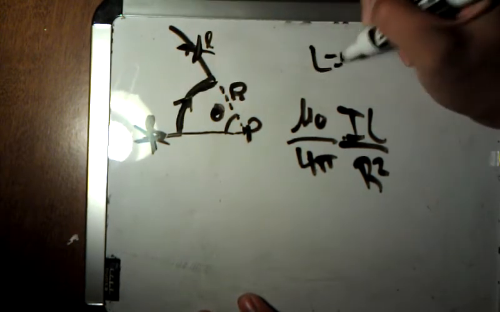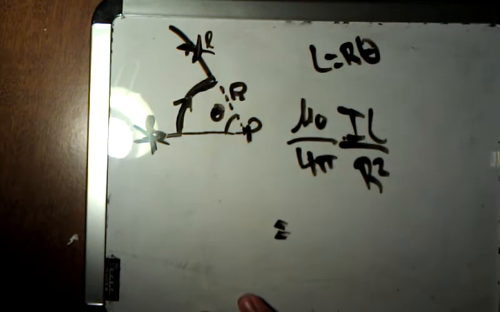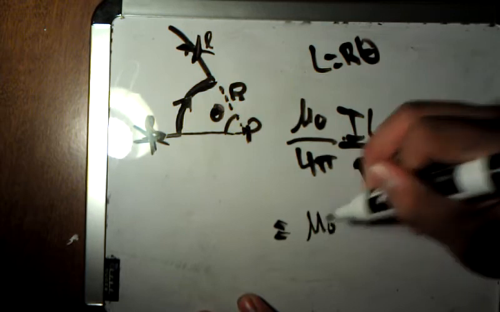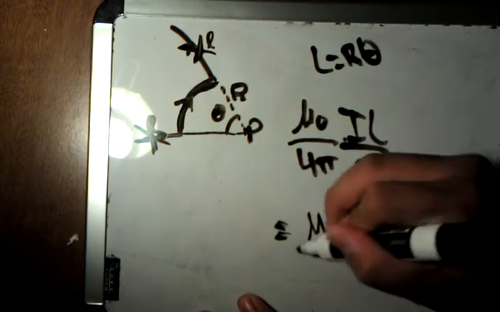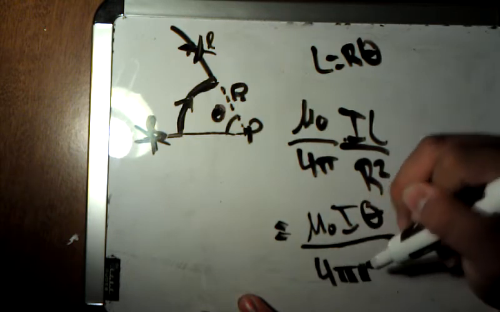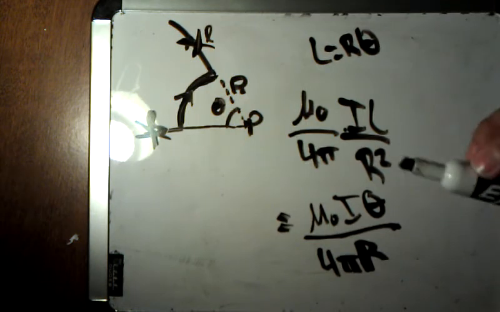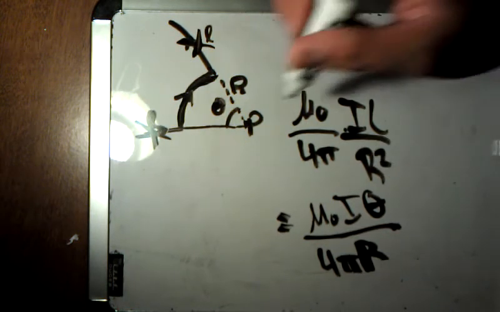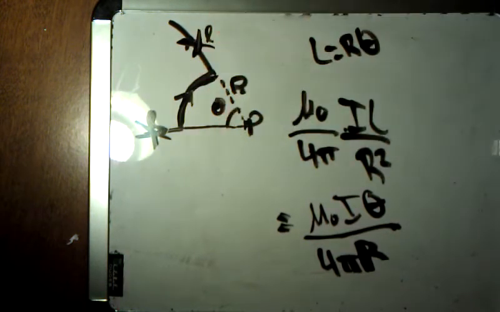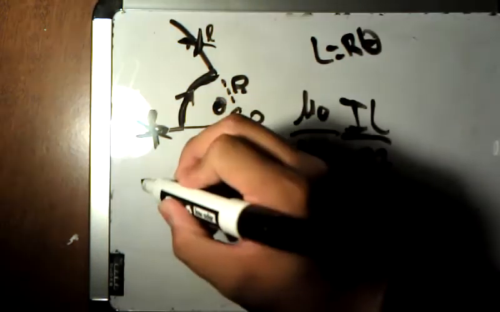So L equals R theta, and once we simplify all of that, we should be able to get mu naught I theta over 4 pi R. And that should be the general expression to find the magnetic field at point P. So this is part A.